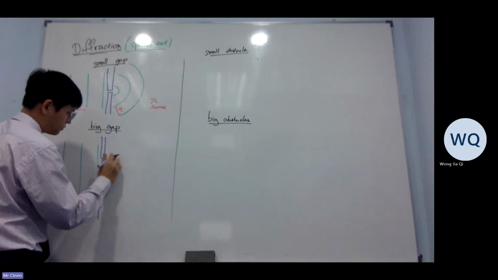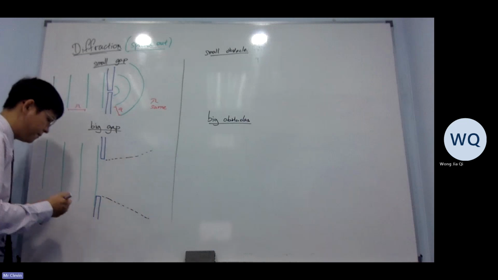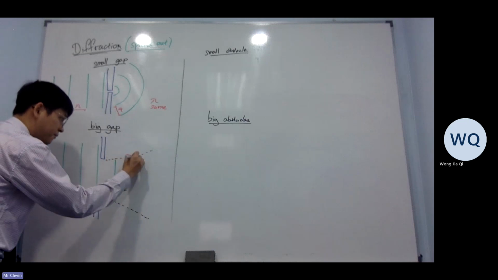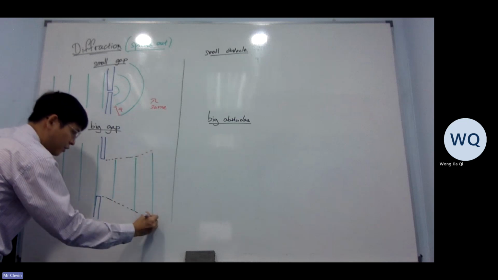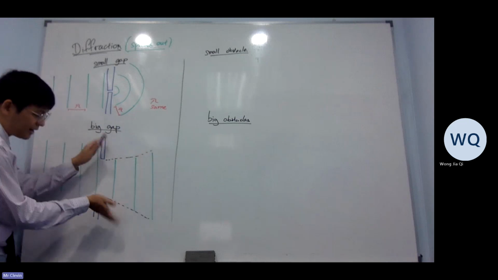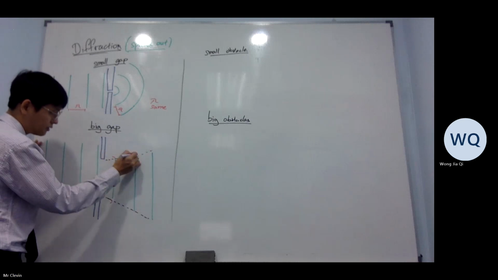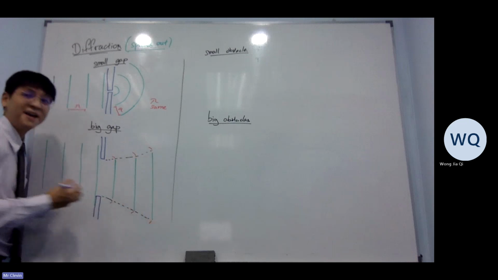Imagine that it is spread out, and continue to draw the same wavelength. But what shows differently? It will be at the outside here. The wave will just bend a little bit.